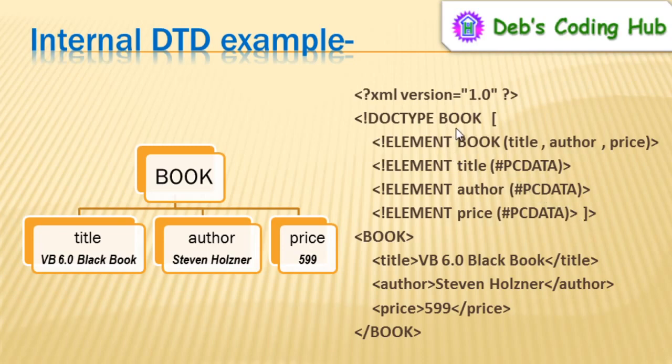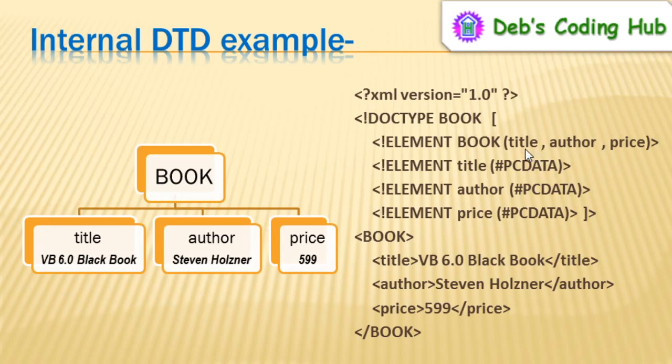So inside book, how many child elements are there? You have to define the elements of the doctype book. So I'll write angular bracket, exclamation symbol, ELEMENT. Remember, ELEMENT also should be written in capital letters. Followed by the root element book, and under root we have three children: title, author and price.